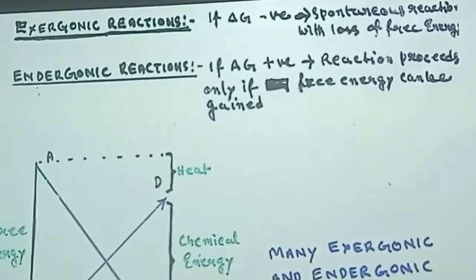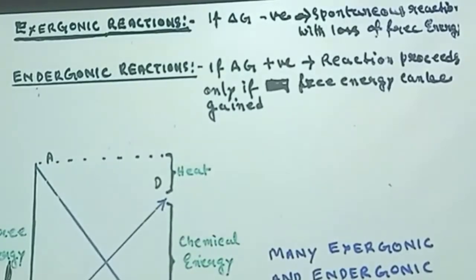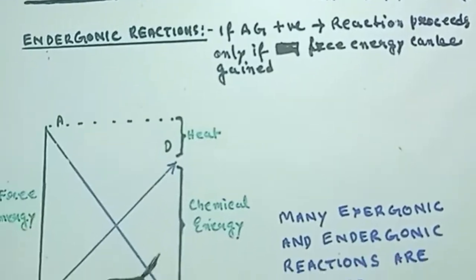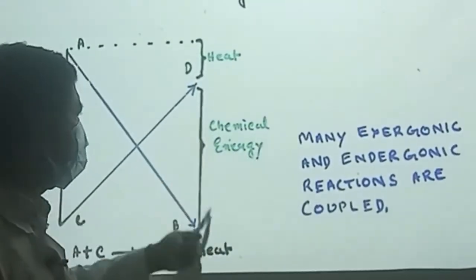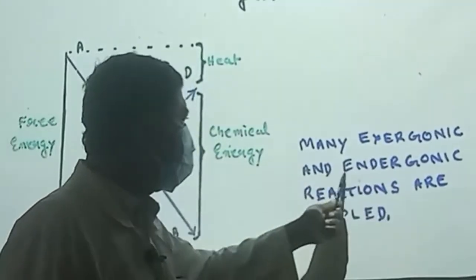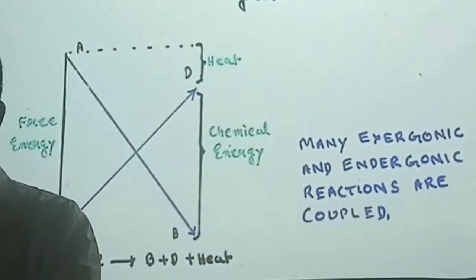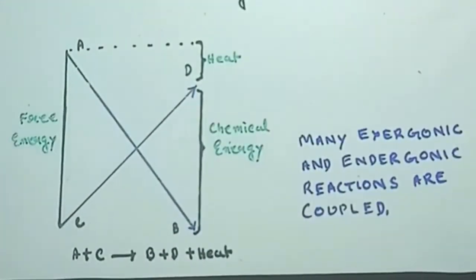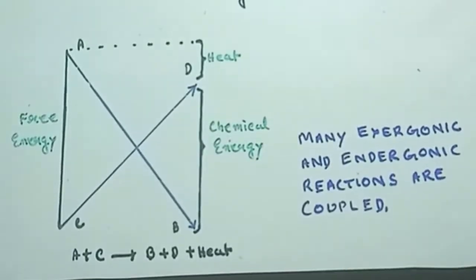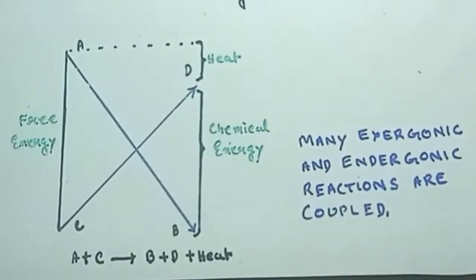So how is this coupled? This is the free energy and this is the chemical energy. So many exergonic and endergonic reactions are coupled, that you will find throughout the biochemistry and metabolism that you are going to learn. Next please.